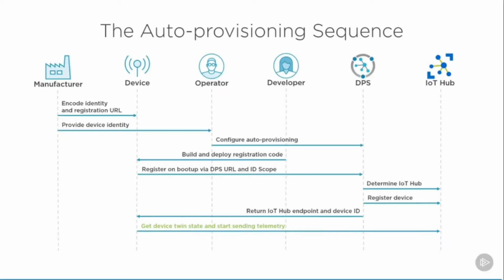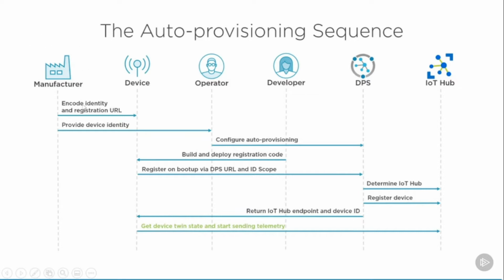So basically this graph is going to give you a bit of clarity on the auto provisioning sequence, exactly what is happening. First of all, I'll explain it theoretically, and then we will move on to the Azure portal and create a device provisioning service. So first of all, here we can see we have a manufacturer.